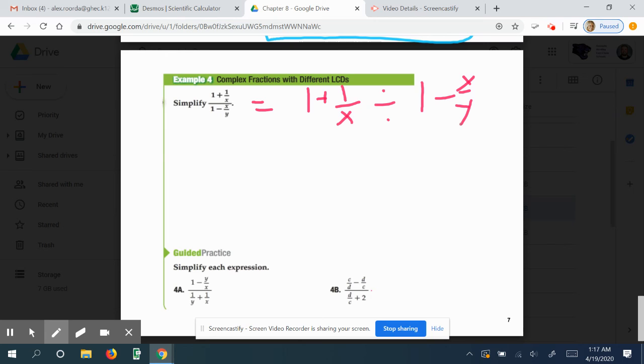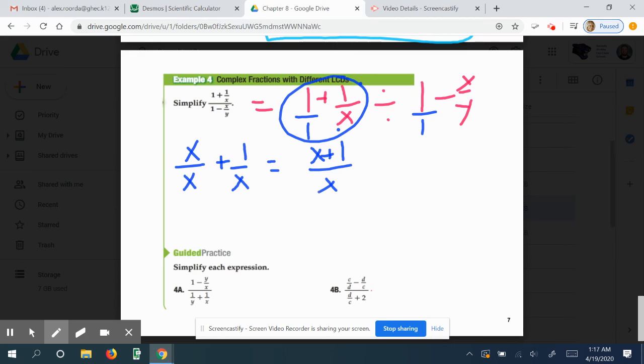It normally doesn't look as scary, because what we can see then is I have to have a common denominator for both of these, right? So for the top one, or this guy right here, my common denominator is going to be x, right? So I really have x over x plus 1 over x, which is just the same as x plus 1 over x, right?